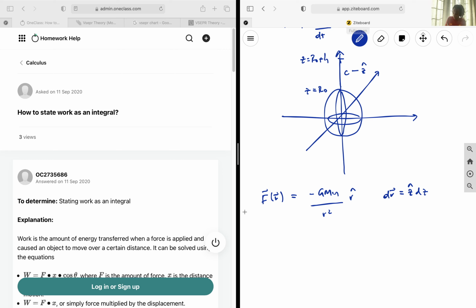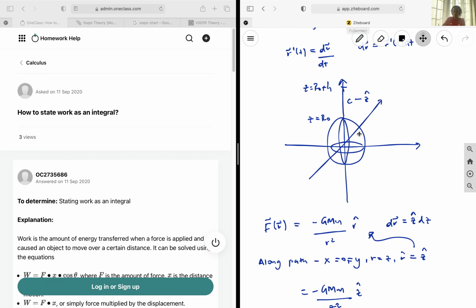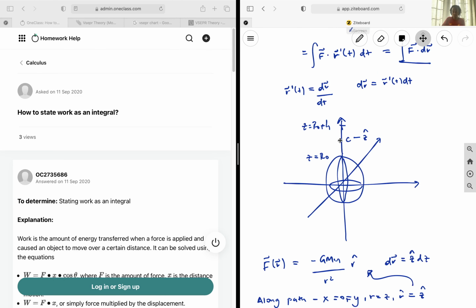And so along this path, x is equal to 0, y is equal to 0, r is going to be equal to z, and r hat is equal to z hat. And so now we just put that into this to get negative GMm over z squared z hat. Okay, and so now we're just going to put all of that into the equation we found for the work done.